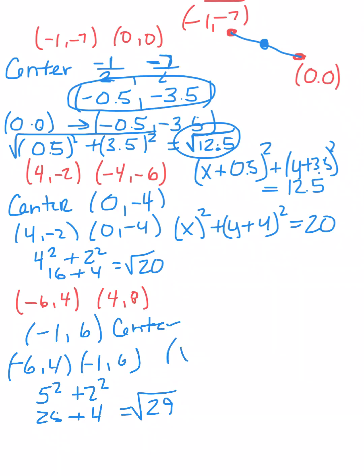My equation would be x plus 1 squared plus y minus 6 squared is equal to the square root of 29 squared, which is 29.